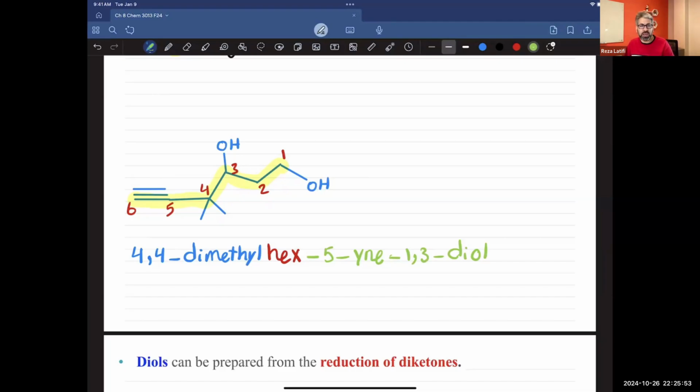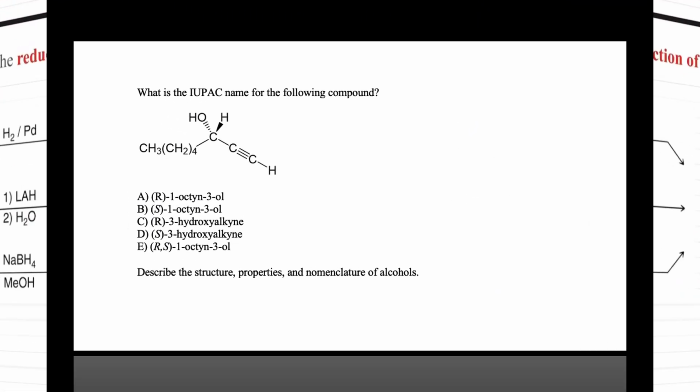Now that we have learned how to name them, let's practice some chemical reactions to produce those diols.